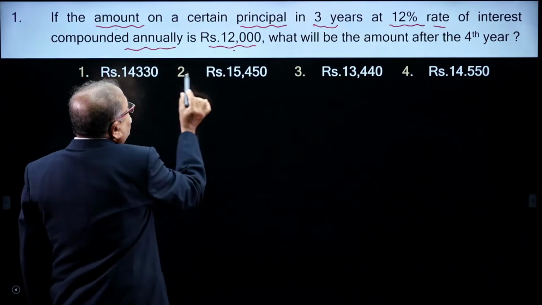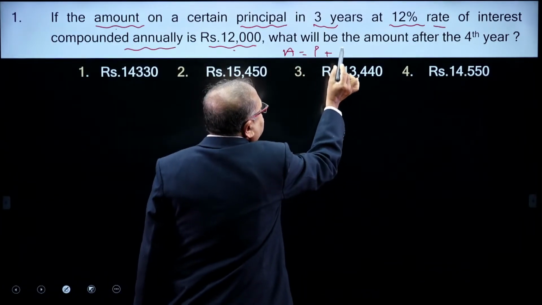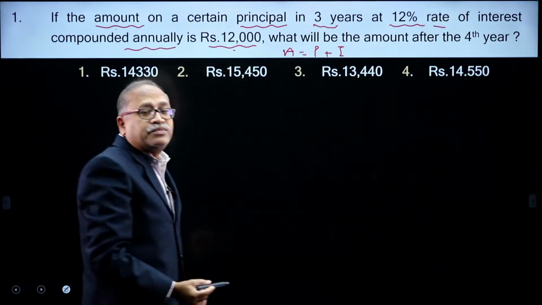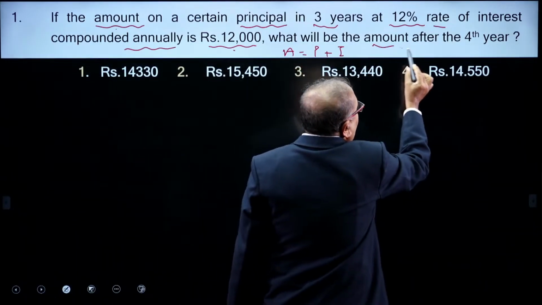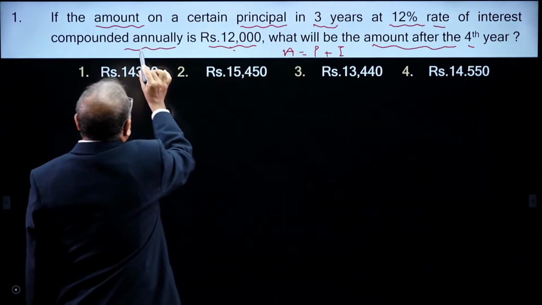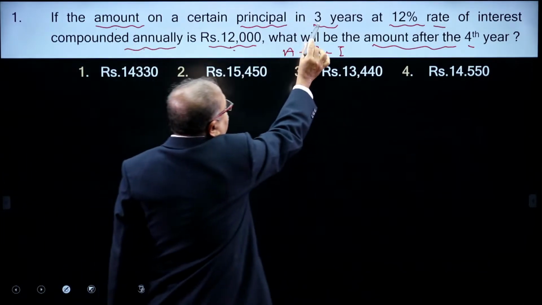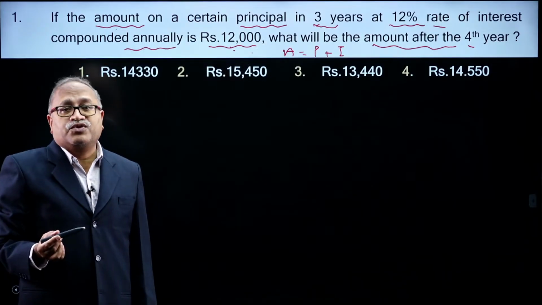And you know that amount is nothing but principal plus interest, whether it is simple interest or compound interest. So, what will be the amount after 4th year? This amount is after 3 years. What will be the amount after 4th year?